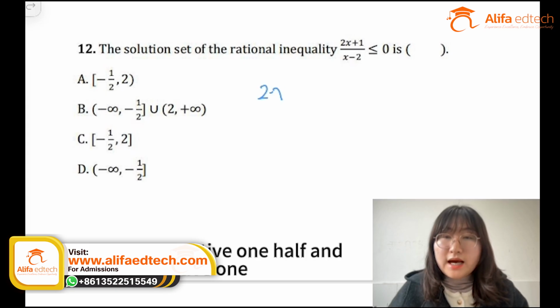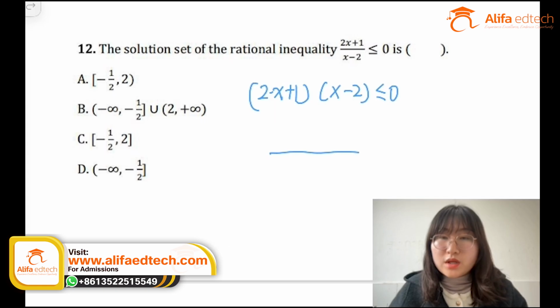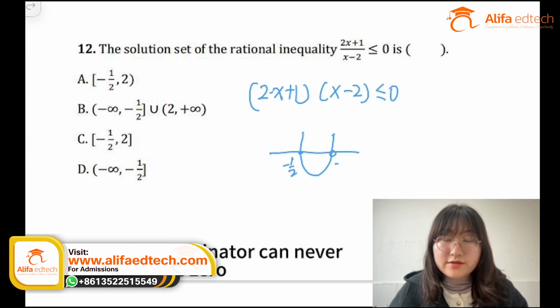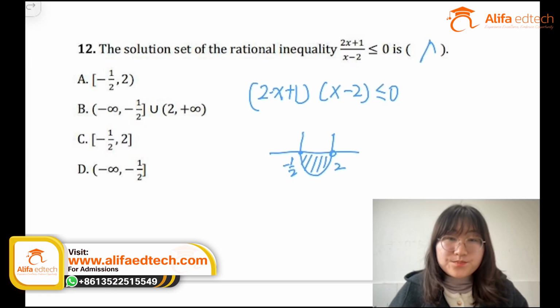The roots are -1/2 and +1. Because the inequality is less than or equal to, the valid interval is between these two roots. However, a denominator can never be 0. In interval notation, the correct answer is A.